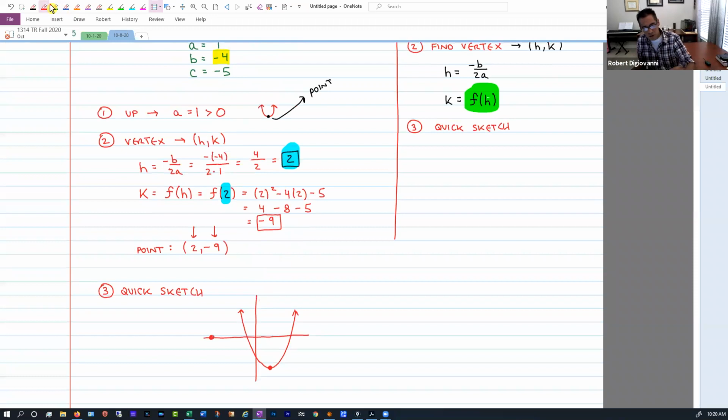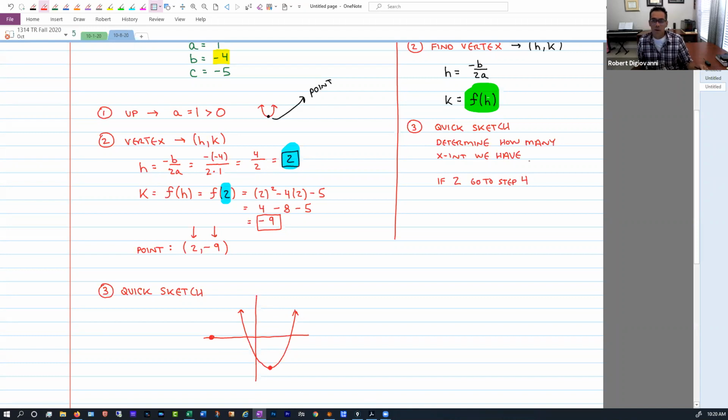So we do a quick sketch and then we determine how many X-intercepts we have. If we have 2, go to step 4.